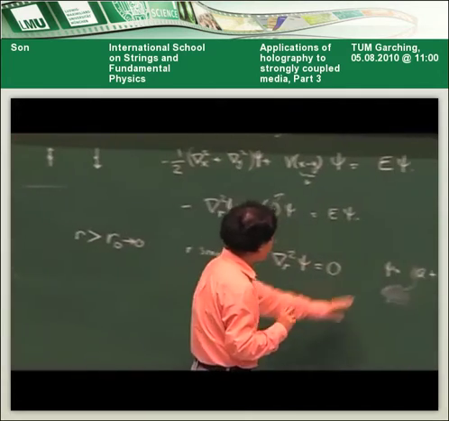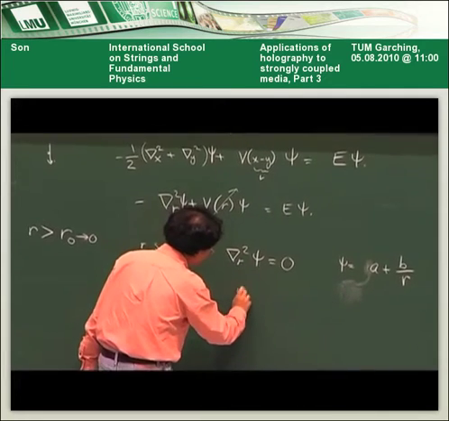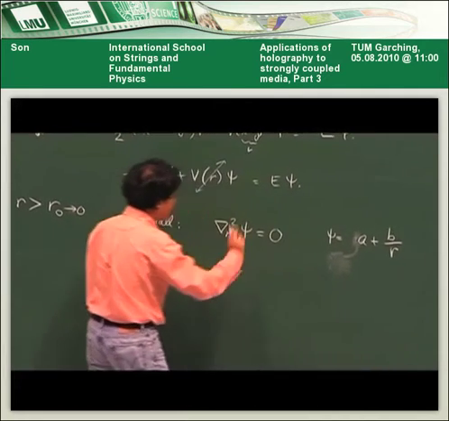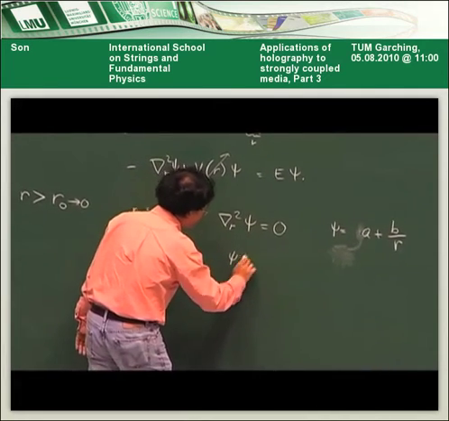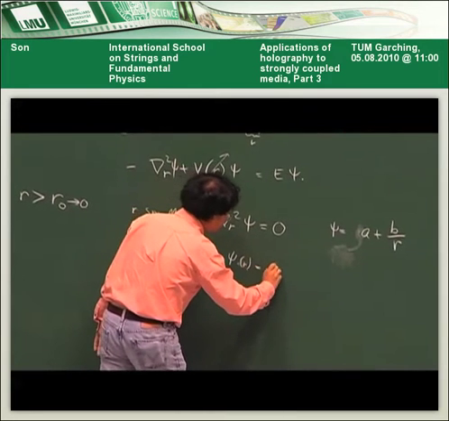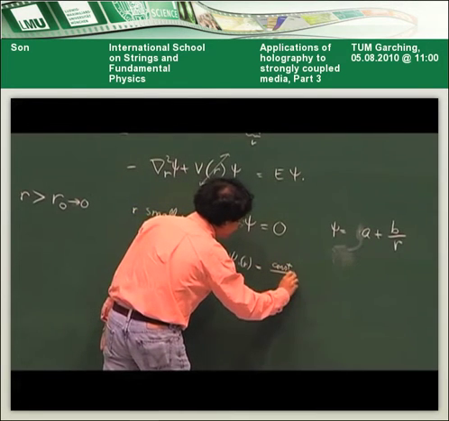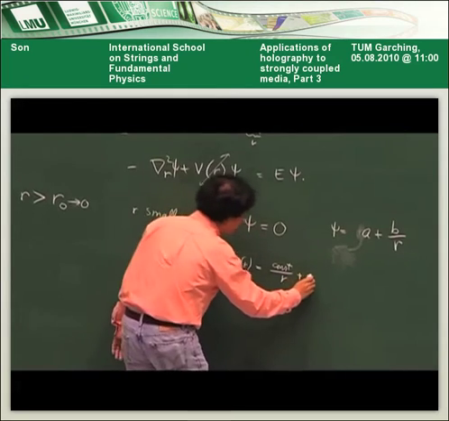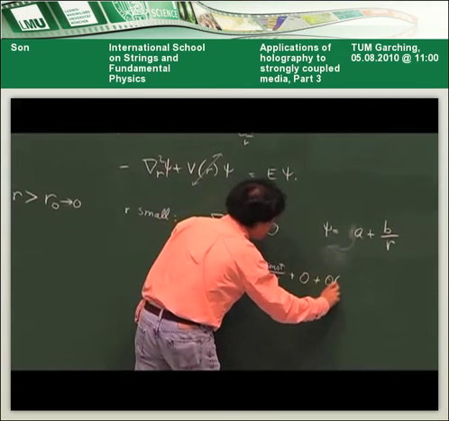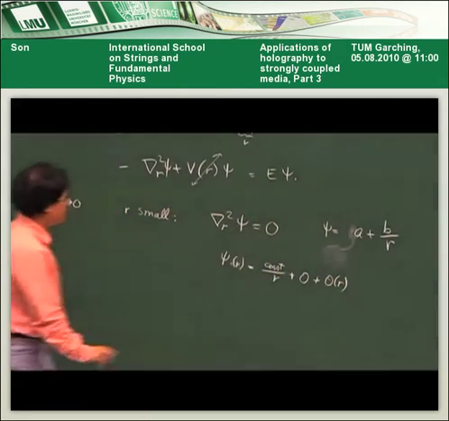Namely, we impose the boundary condition that psi has to be proportional to 1 over r. Psi of r has to be equal to some constant divided by r plus 0 and then plus something that is proportional to r.